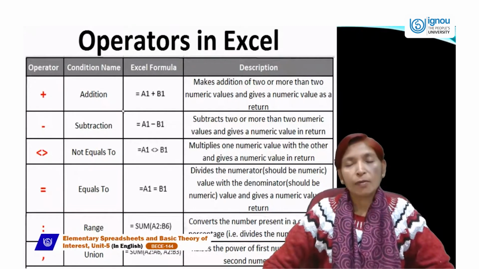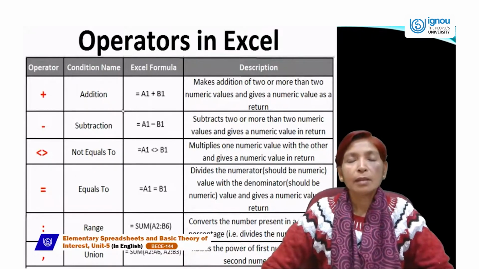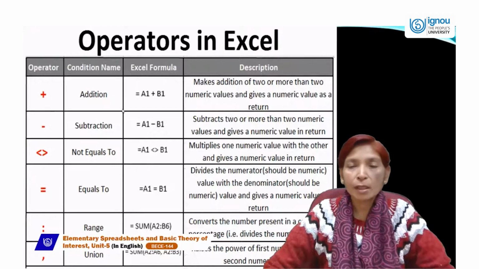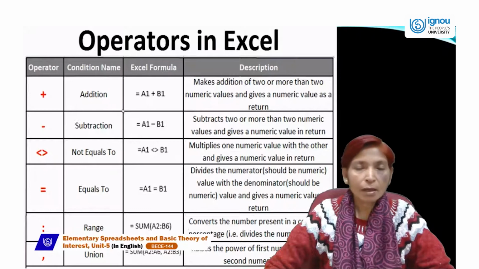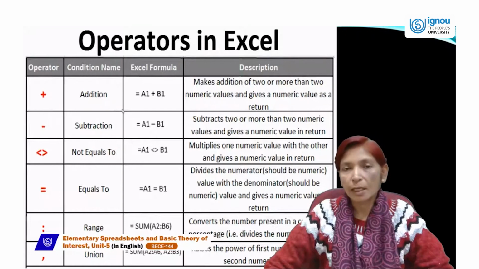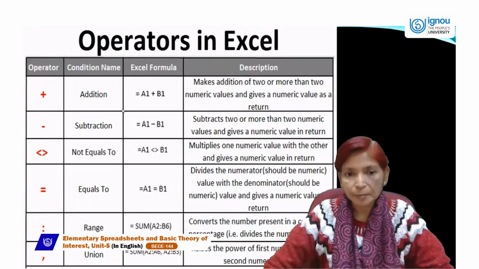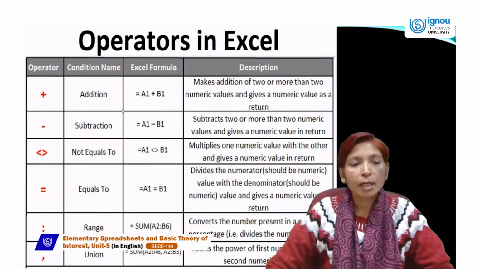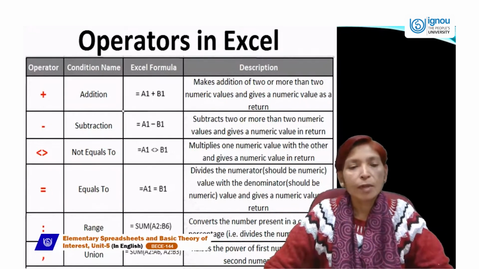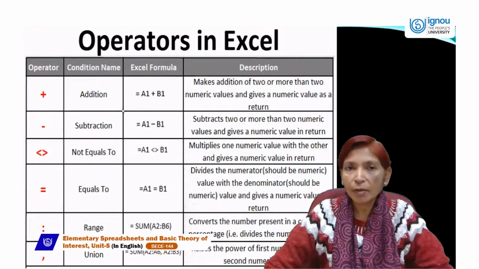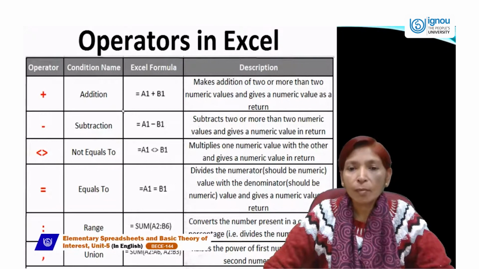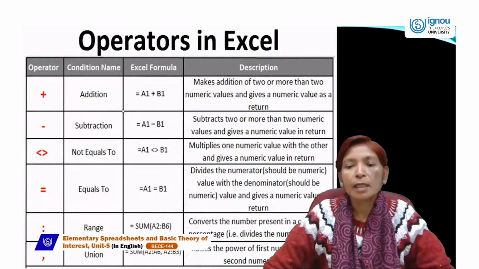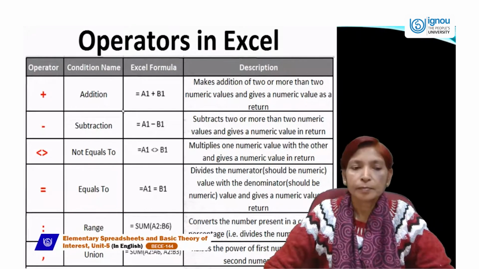If two things are not equal, then we can put the sign of greater than or less than, but we can't use the sign of equal because the condition name is not equal to. Then multiplication multiplies one numeric value with the other and gives a numeric value in return.